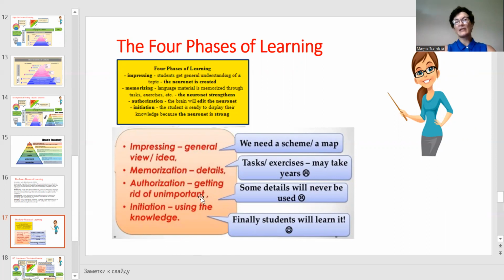Then some details, our brain will get rid of them at the authorization stage, and only finally the students will learn it. So again, go back to the previous video if you don't remember what it was about.